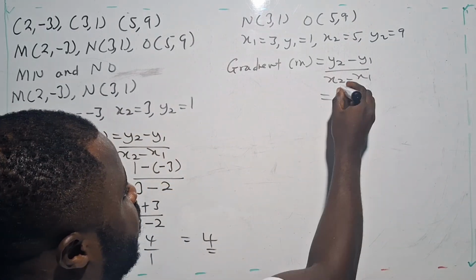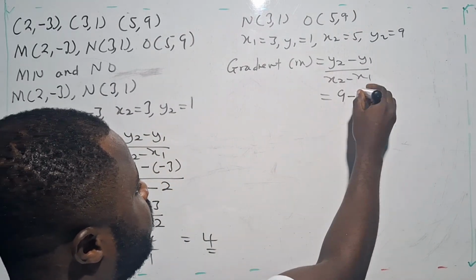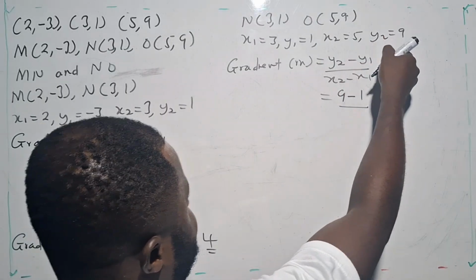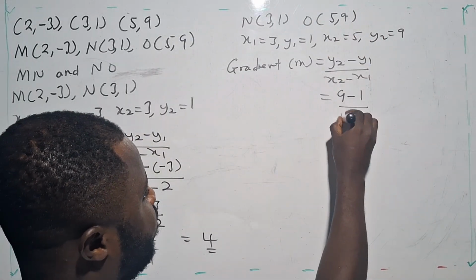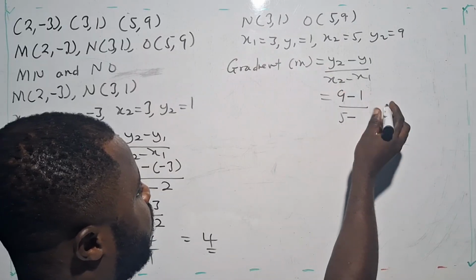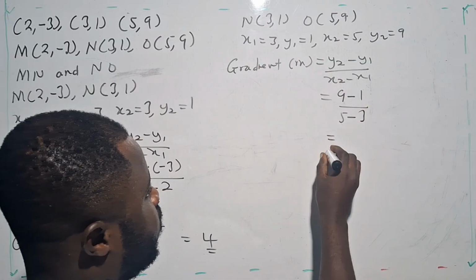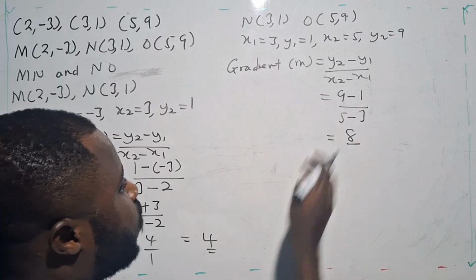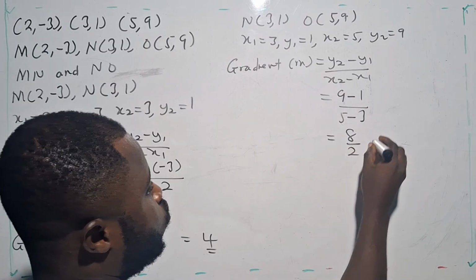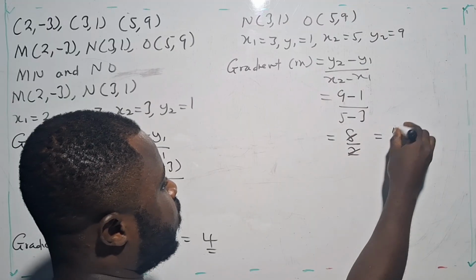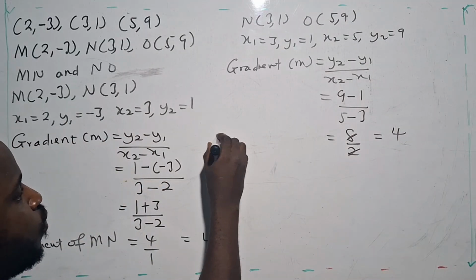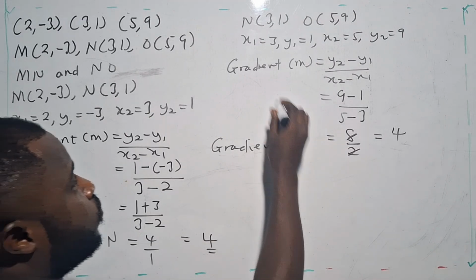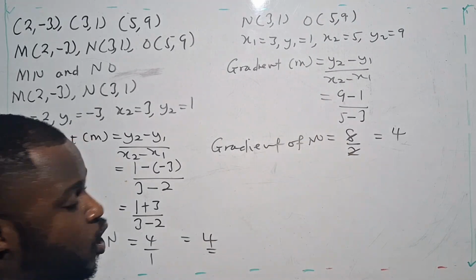Our y2 is 9, y1 is 1, then x2 is 5 and x1 is 3. So 9 minus 1 is 8, then 5 minus 3 is 2. When you simplify, you also get 4. So the gradient of NO is also 4.